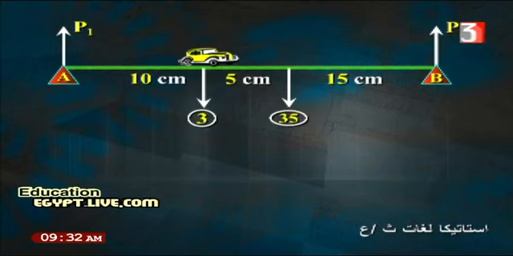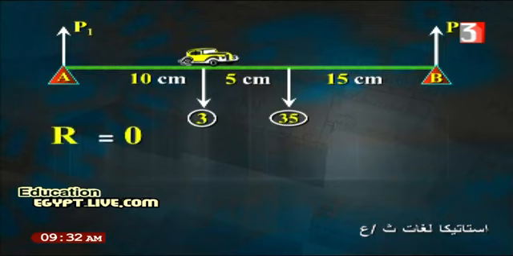The summation of the two reactions of the two supports, B1 plus B2, therefore B1 plus B2 equals 38. We need another equation to calculate the value of B1 or B2.